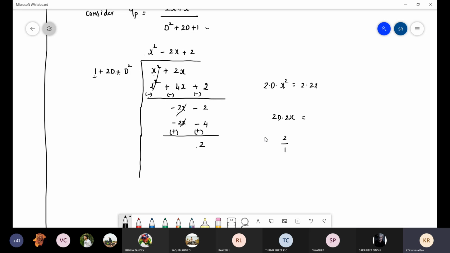Now multiply. 1 into 2 is 2. Now these two are over, just multiply with the 2. 1 into 2 is 2. The differentiation of 2 and the double differentiation of 2 are both 0. So this is the end. Subtract, minus and cancel, you will get 0. Therefore, what is yp?